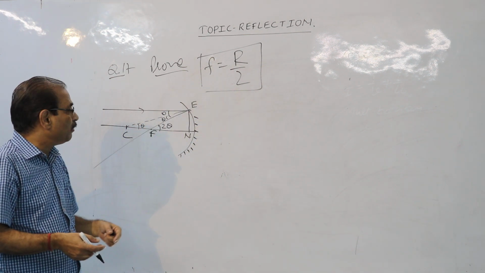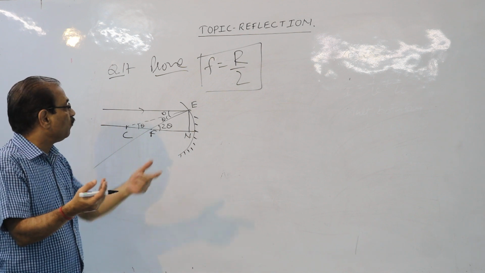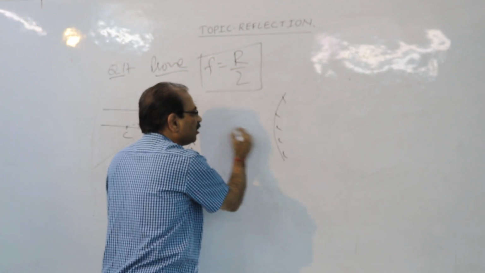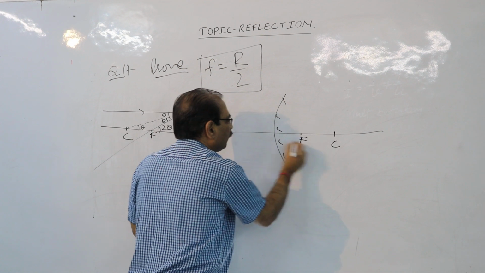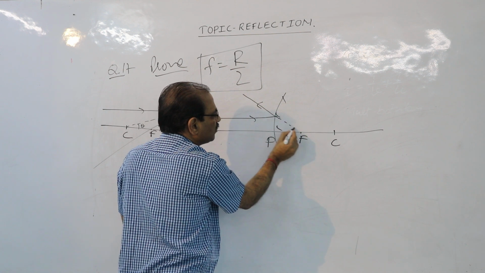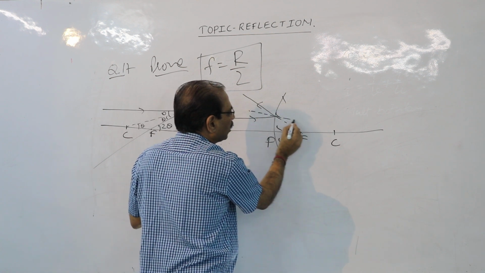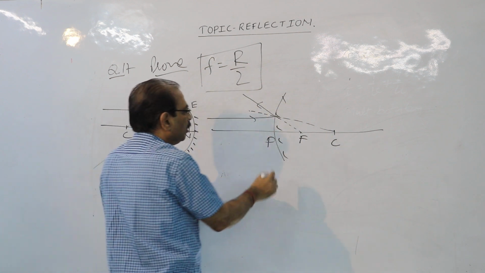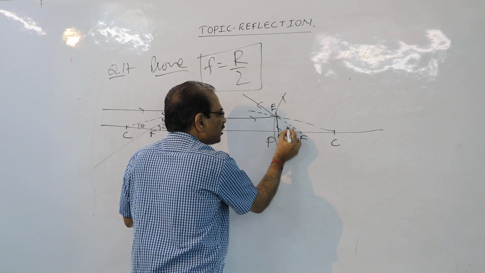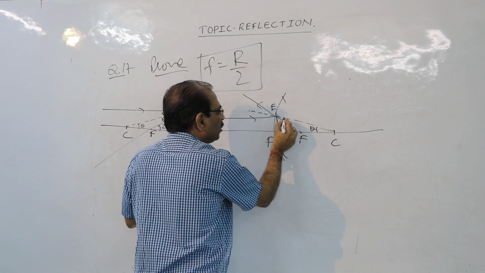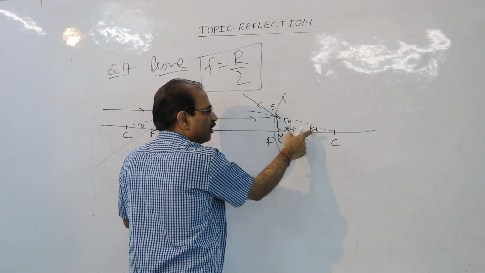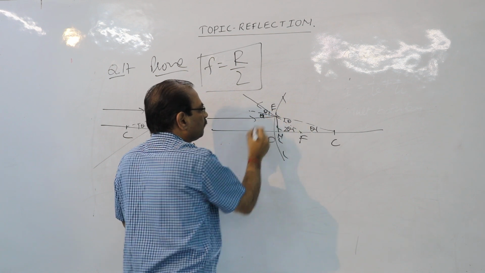Now let us come to the diagram you are going to make to prove f is equal to r by 2 for a convex mirror. So for a convex mirror, you shall be making this diagram. See, this is F, this is P, a ray which is parallel will go in this manner, it will appear as if it is coming from here. If you extend further and join it to the center of curvature, this point is maybe E, this perpendicular is N. Once again, if this angle is theta, this angle will also be theta, this angle will be theta, and this angle will become twice theta.